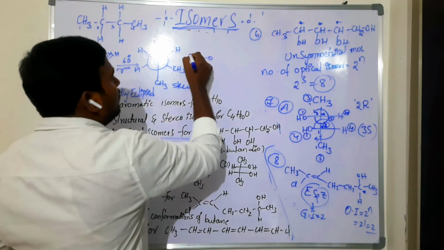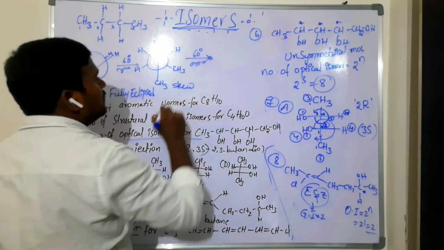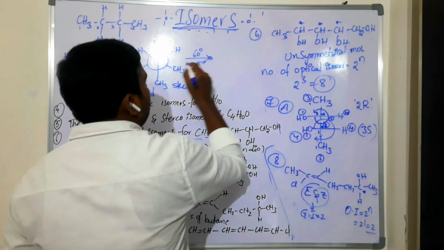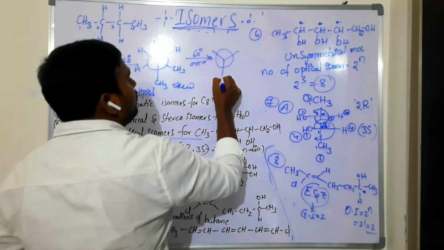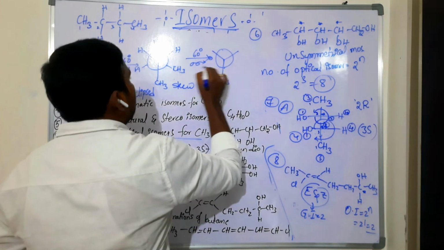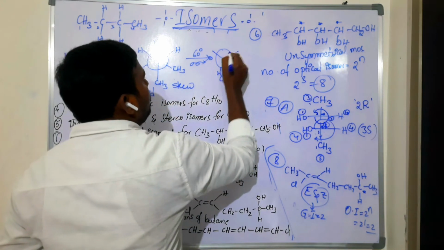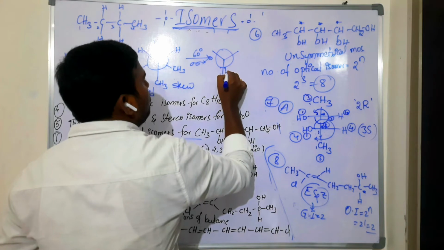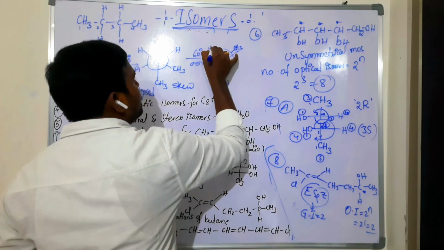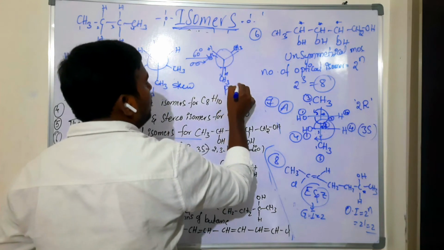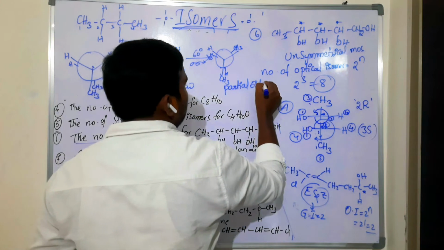When it is rotated again by 60 degrees, this methyl group will go here, this hydrogen will come here, and the other methyl group goes here. It is called partially eclipsed conformation.